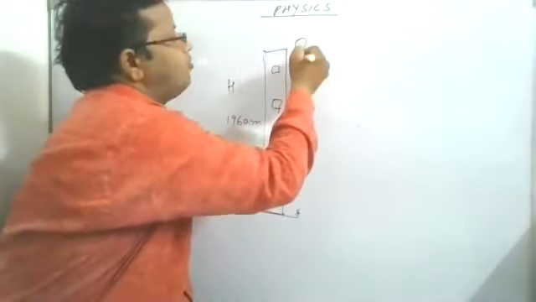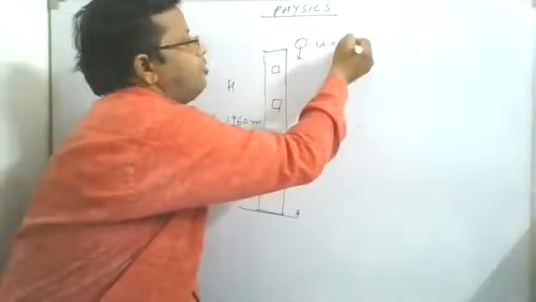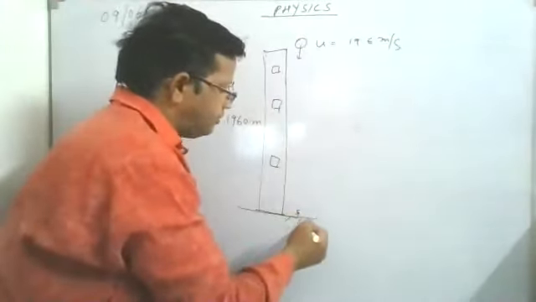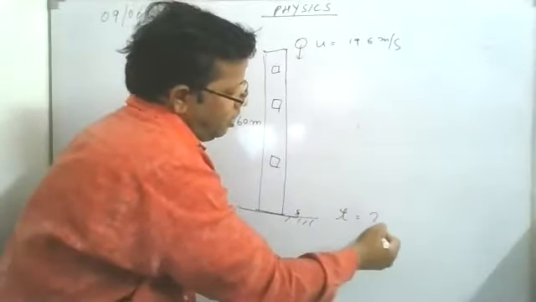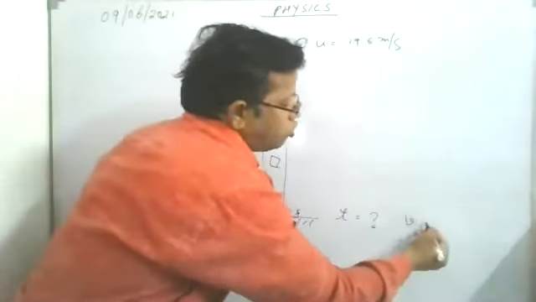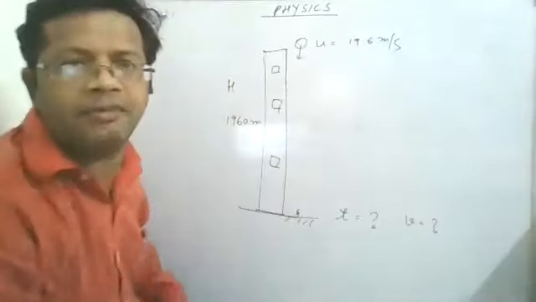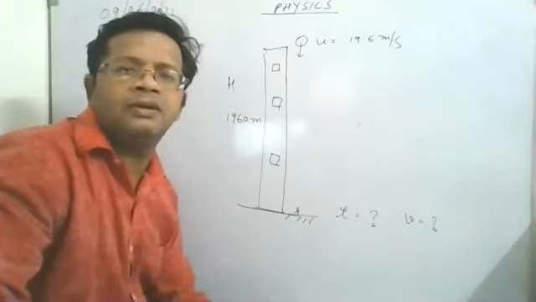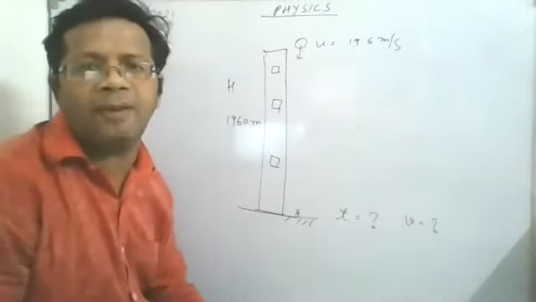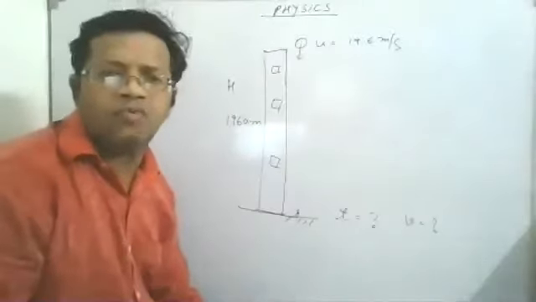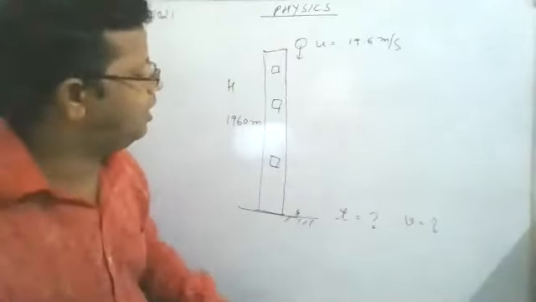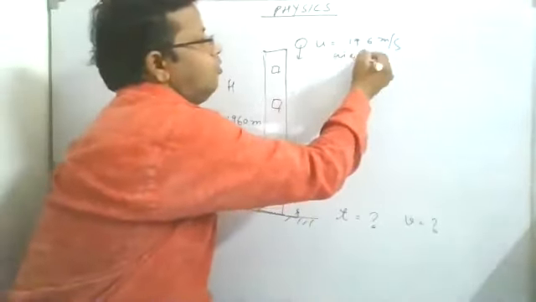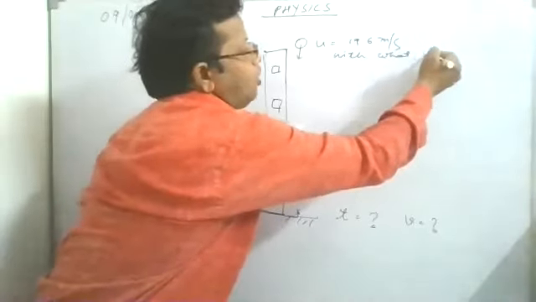If a ball is thrown vertically downward with initial velocity of 19.6 meter per second, with what velocity will it collide and how much time will it take? Can you tell me which formula will apply? With what velocity will this ball hit the earth surface?